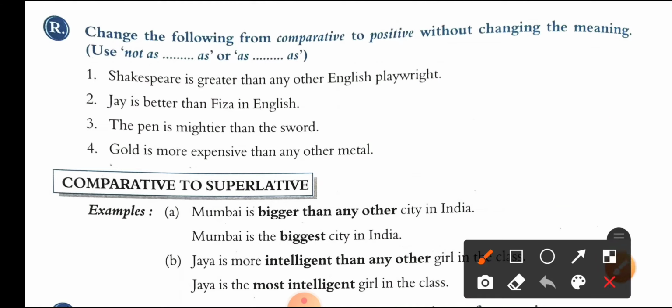Next is, the pen is mightier than the sword. So here we are comparing pen and sword, right?